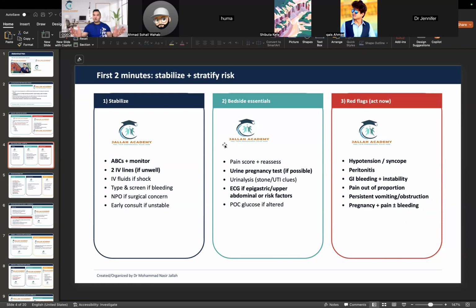Persistent vomiting: if the patient has abdominal pain with persistent vomiting, we always think about obstruction. And pregnancy plus pelvic pain plus bleeding in a woman of conceiving age is always ectopic pregnancy until proven otherwise.